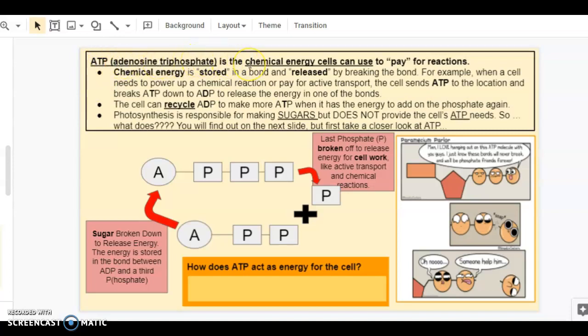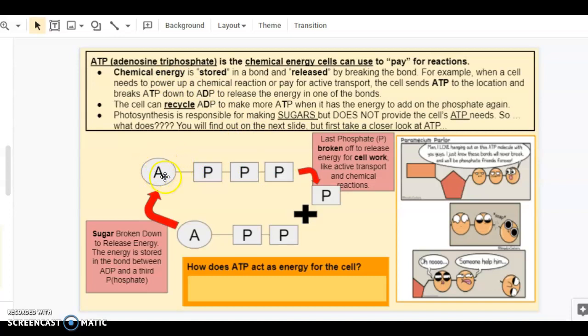And that is the chemical that cells need to be able to pay, in terms of energy, for chemical reactions or for things like active transport. In fact, ATP stands for adenosine triphosphate, but you can remember active transport needs energy by thinking of ATP as active transport.